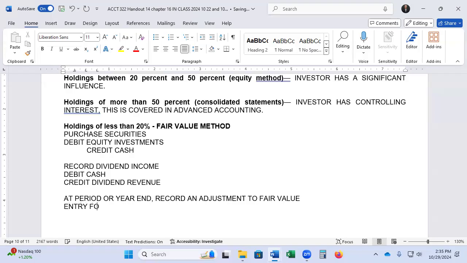So the entry for a fair value loss would be to debit unrealized holding gain or loss, income account. And then credit fair value adjustment.